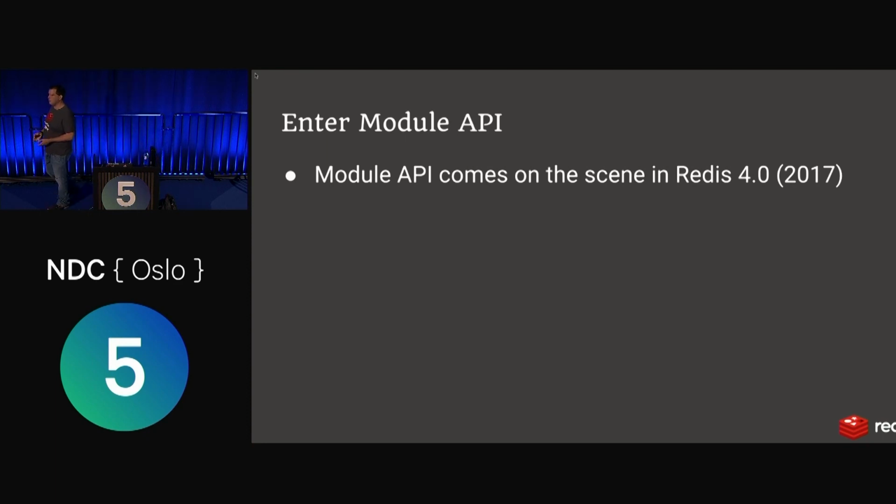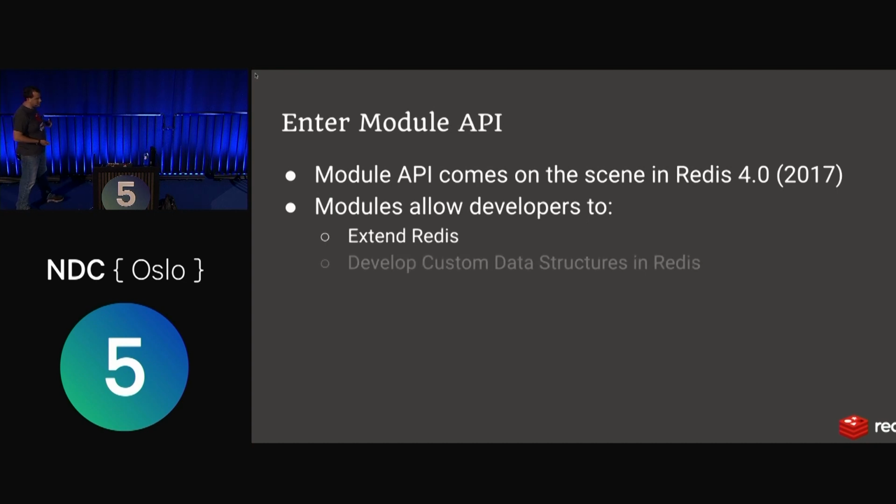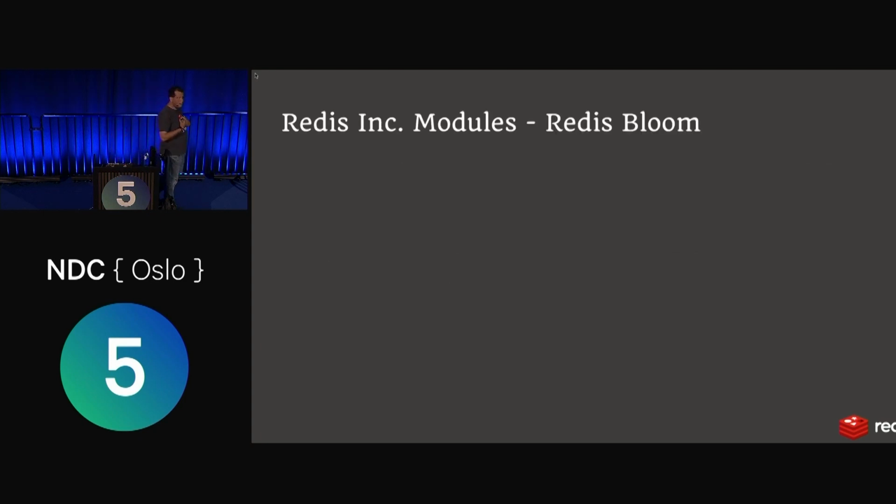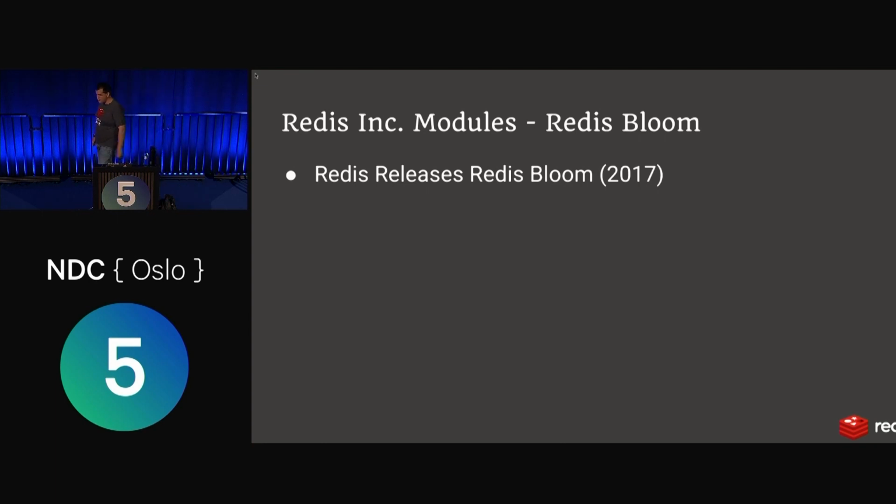But what it is, basically, it allows system-level developers to develop against Redis and do stuff like extend Redis, develop new data structures against Redis, and add custom commands for Redis. And then our company, Redis Inc., started to introduce some of its own modules. And one of the first ones we introduced was Redis Bloom, which was created in 2017 and adds the first of the new expanded set of these probabilistic data structures to it, Bloom, for which it's named.